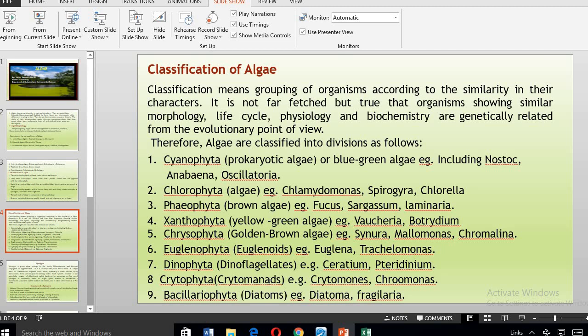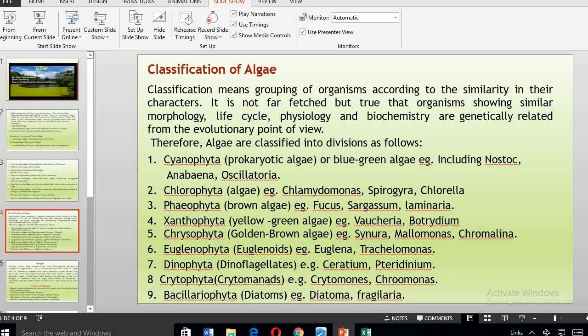The second division is Chlorophyta, from the word chlorophyll. This is what most people would refer to as the algae. An example here is Chlamydomonas, Spirogyra, and Chlorella. For our class, we shall be looking at Spirogyra in detail.